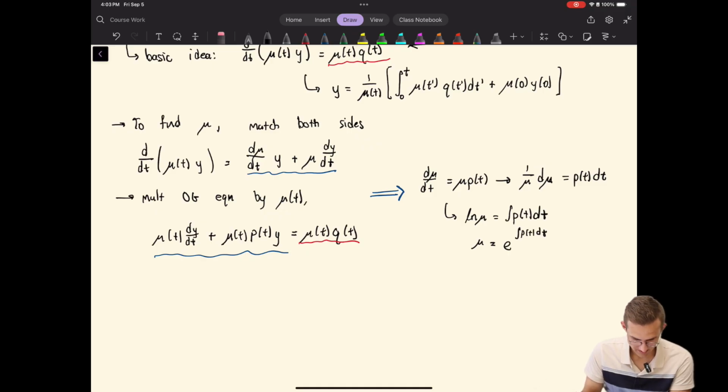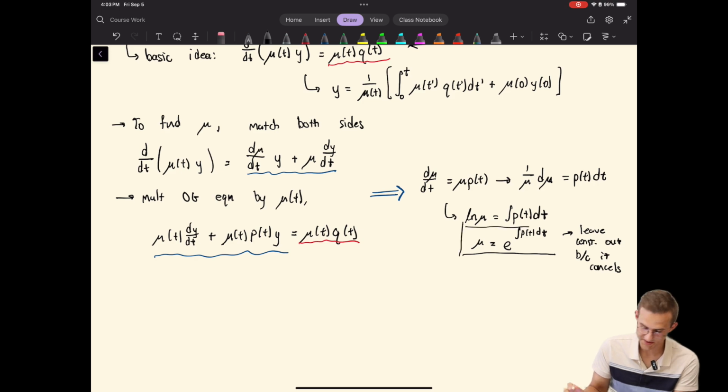Okay, and then in general, we'll leave the constant out here because it eventually cancels anyway. So leave the constant out because it cancels, just as a note to be rigorous here. But this is what mu ends up looking like.